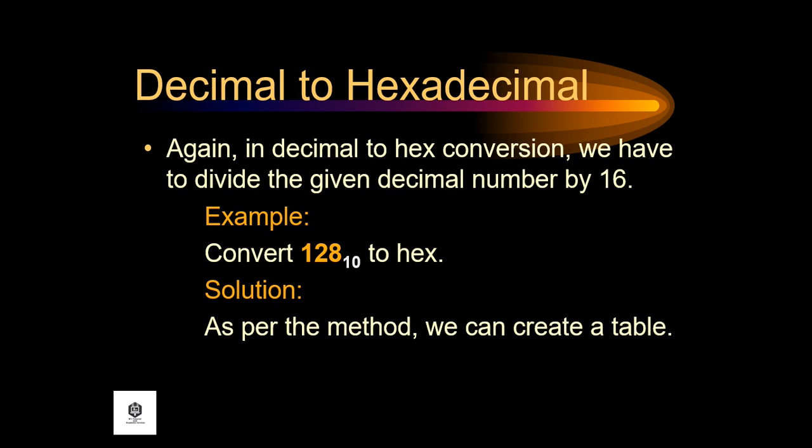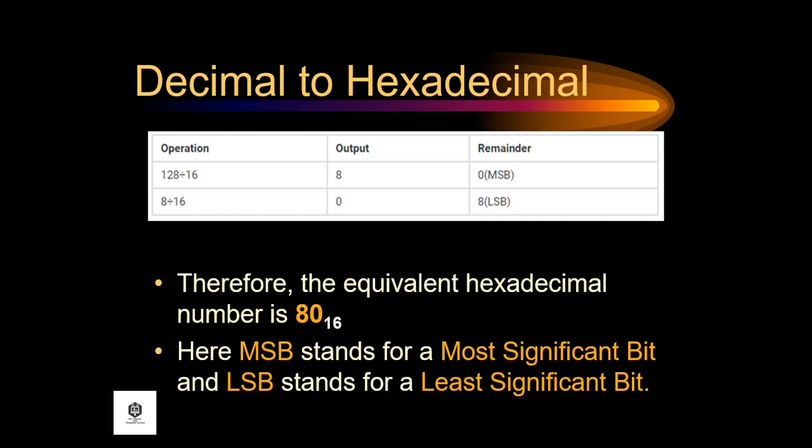Again, in decimal to hex conversion, we have to divide the given decimal number by 16. For the example, convert 128 decimal to hexadecimal. As per the method, we can create a table. 128 divided by 16, the output will be 8, and there is 0 remainder.